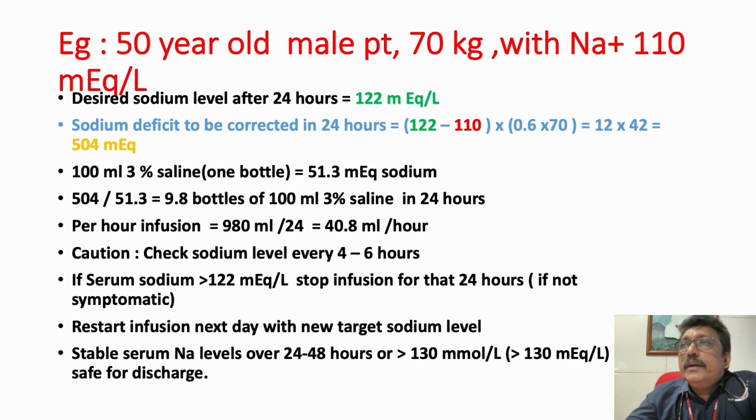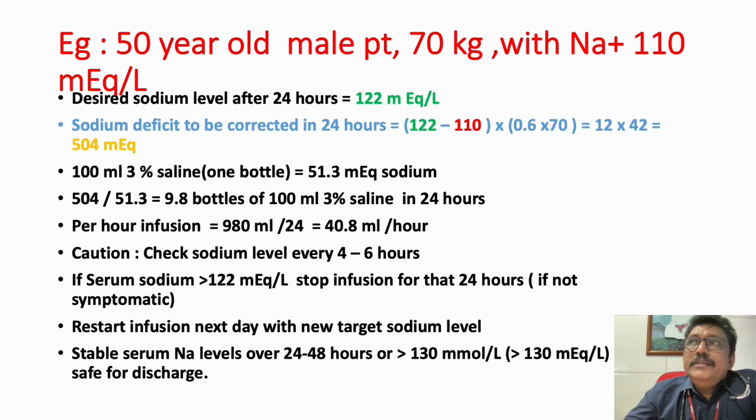We can give IV correction, along with that we can try oral correction also, because the advantage of oral correction is that it normally will not create much problem in the CNS. But IV correction, if it is very quick, very fast, sometimes the patient can deteriorate because of the correction.